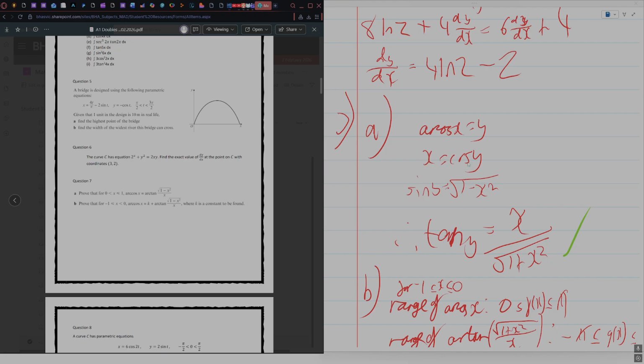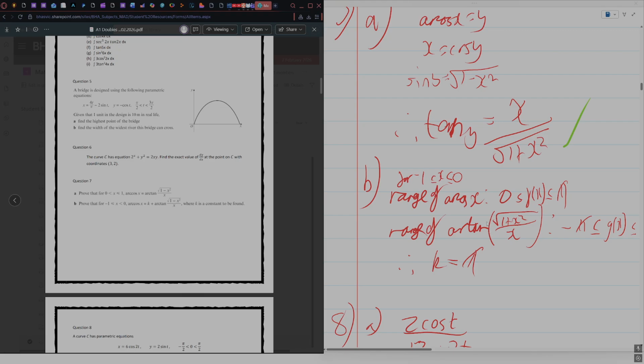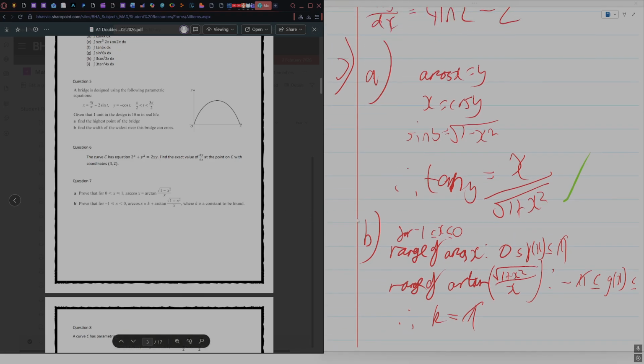And then tan y is just sine over cos, so just x over root 1 minus x squared. And the only reason I knew this part B is because it came up in tracking test 5, and I kind of just had to figure it out in the exam.